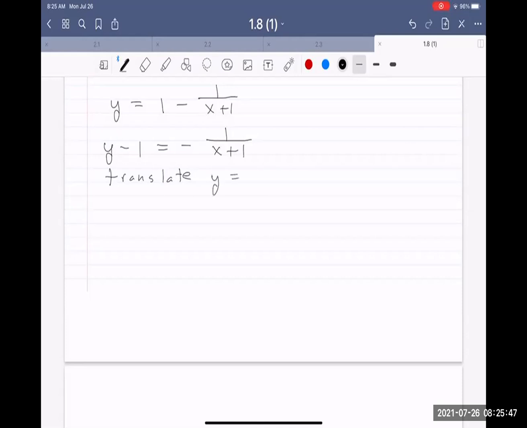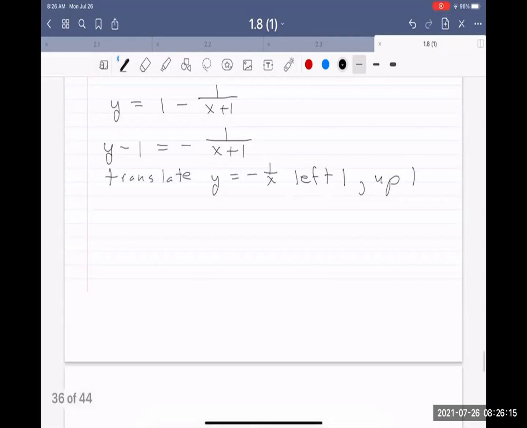So let's translate y equaling negative 1 over x by 1 unit to the left. Maybe I'll say it this way: left 1 and up 1.